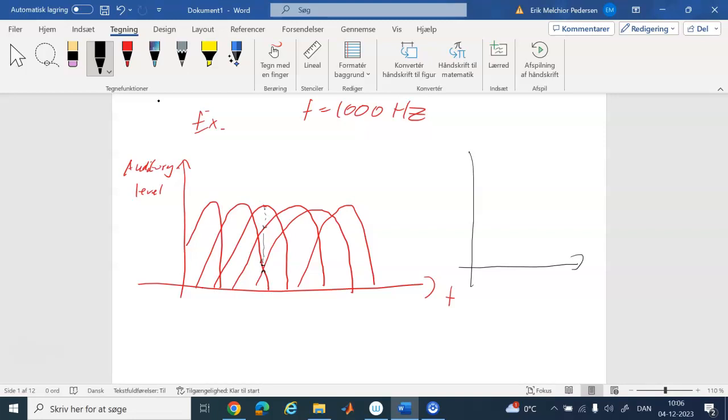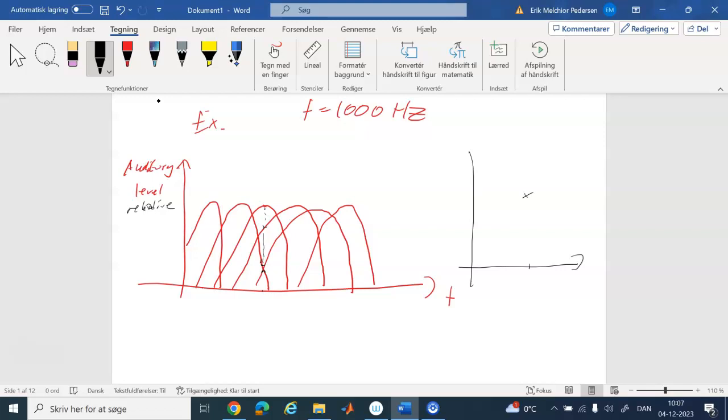I think it's a relative level. According to this center frequency, we have a maximum here.